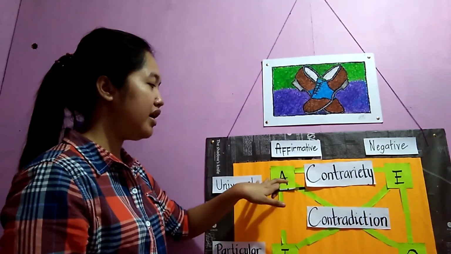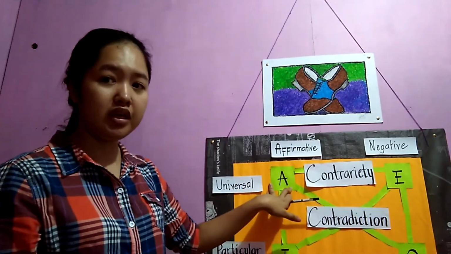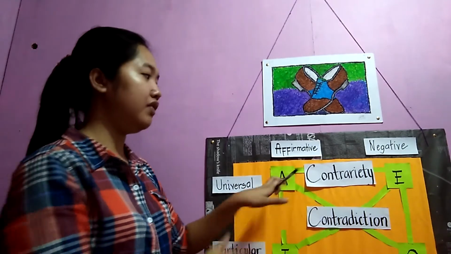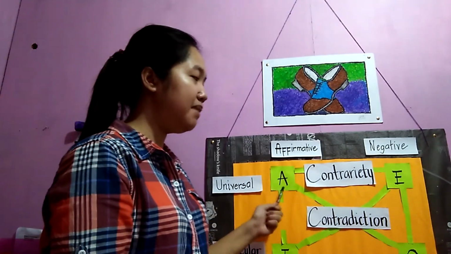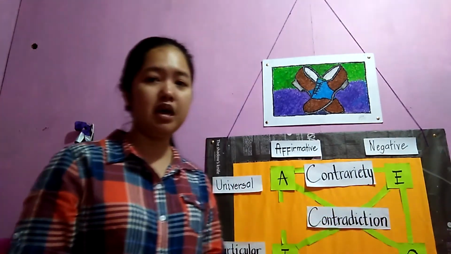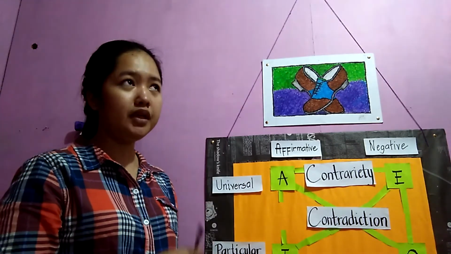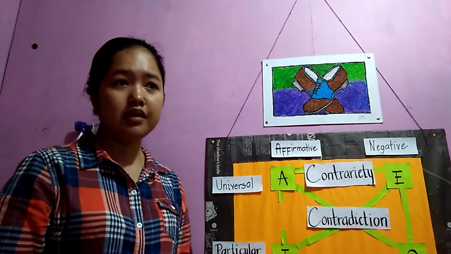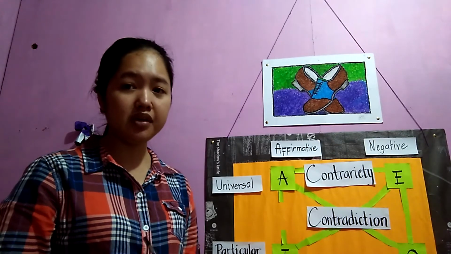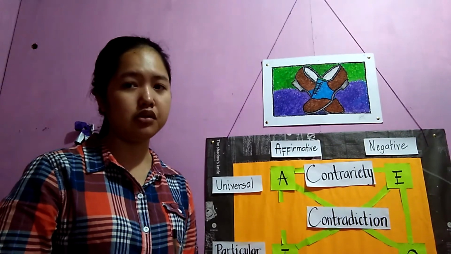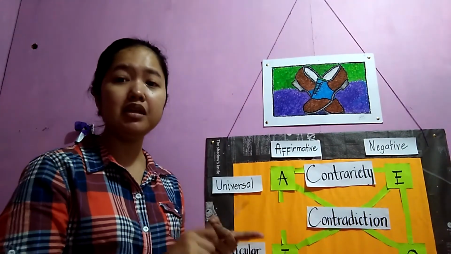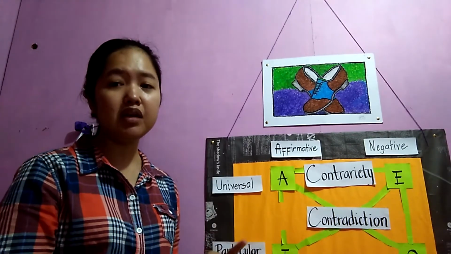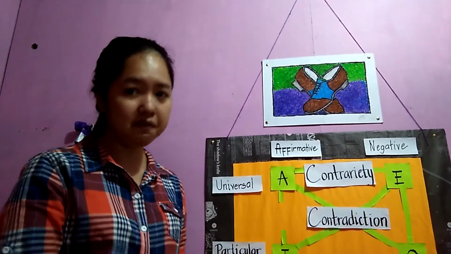The A proposition is affirmative, so the contrariety of the A proposition would be the E proposition. For this type of opposition, they can never be true together, but they can be false together. So if one statement is false, then the other statement can be doubtful.